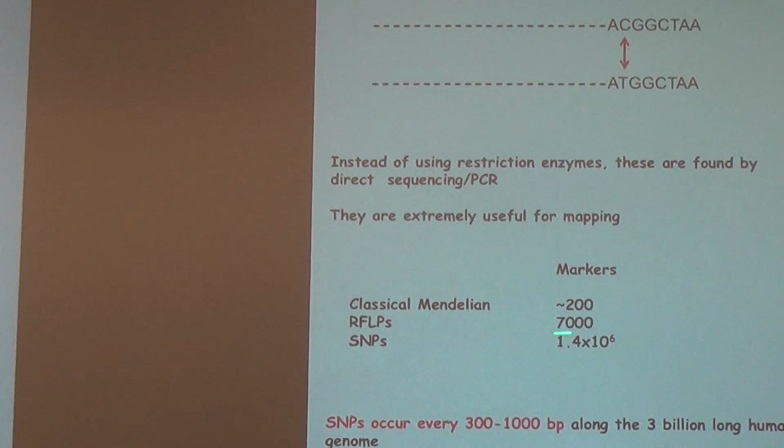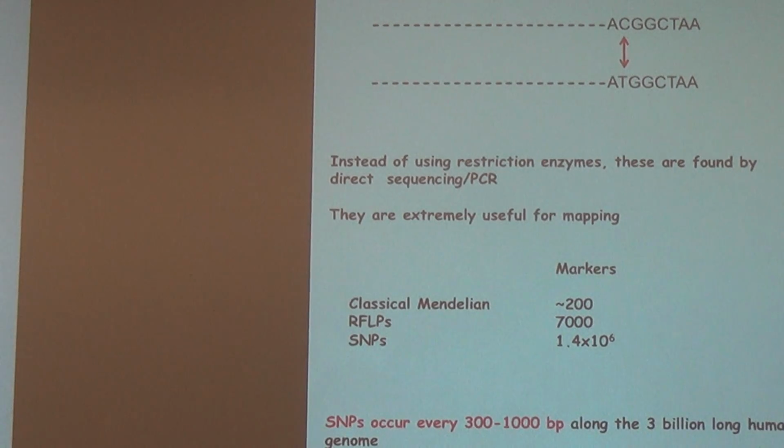But look at the SNPs. You have 1 million SNPs across 3 billion base pairs. The beauty is, you can analyze all 1 million SNPs at the same time, simultaneously, using microarrays. So you can get a picture of the entire genome and determine where a mutant gene is segregating with which SNP across a pedigree.